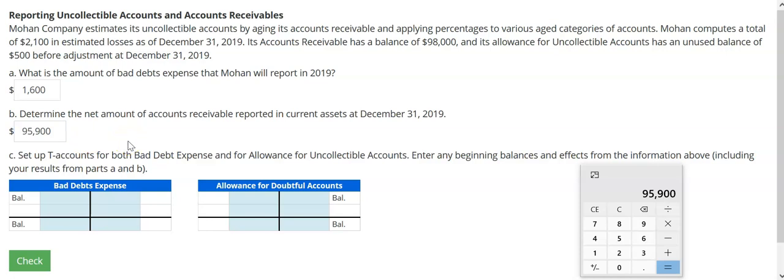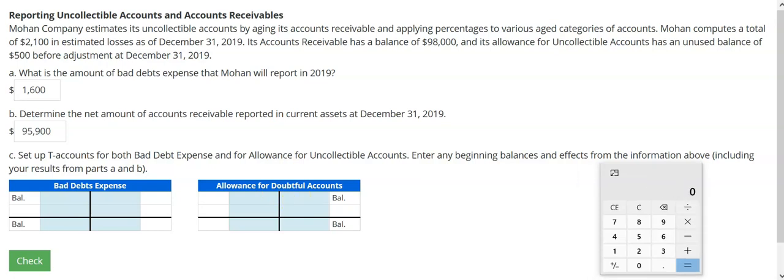With that said, we can make it all the way down to Part C, and it says set up T accounts for both bad debt expense, which we have right here, as well as for allowance for uncollectible accounts. Enter any beginning balances and effects from the information above, including your results from Part A and Part B. So what do we need to do here?